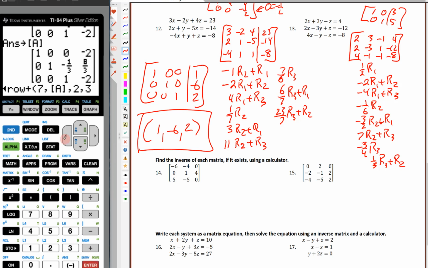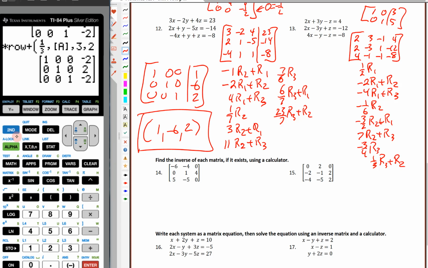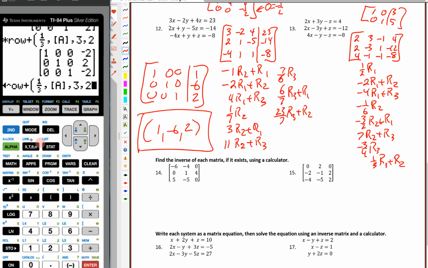There we go. Come back here, and I'll hit alpha y equals. We'll do the fraction. So I've got a 1 on the top, a 3 on the bottom. Hopefully this works. I'll hit delete. Yep. And then row 3, and add it to row 2. And that did what we want. Okay. So I'm going to hit store that.